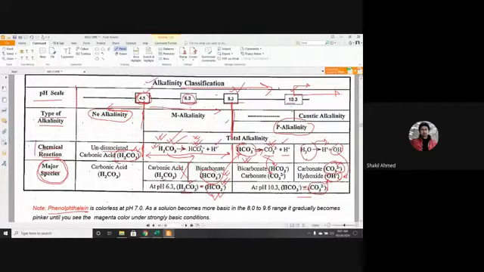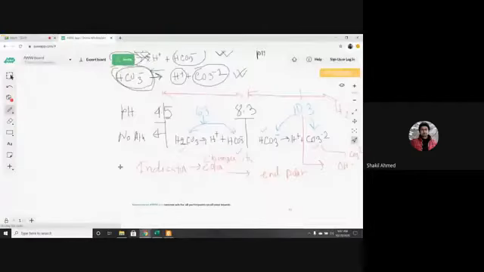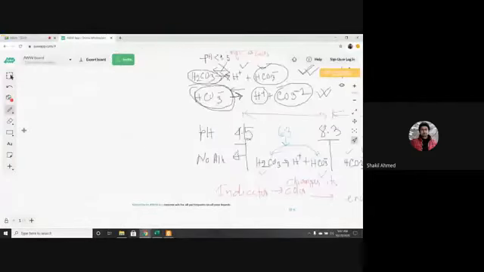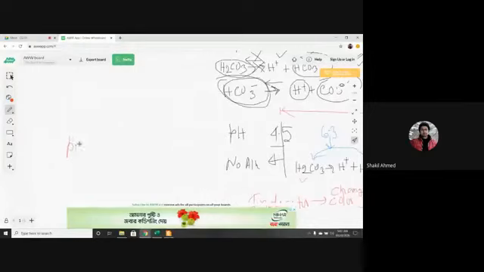So the alkalinity from pH 8.3 and beyond, we call it P alkalinity. pH 1 to 2 important, right?